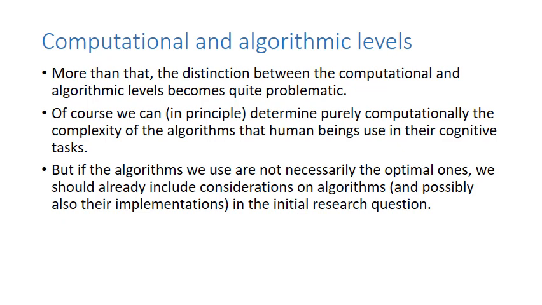Of course, it's the case that we can, in principle, determine purely computationally the complexity of the human algorithms, the algorithms that we generally use in cognitive tasks like mathematical problem solving. But if the algorithms that we use are not necessarily the optimal ones, we should already include considerations on this algorithmic level, and perhaps even considerations concerning their implementations, in the initial research question.